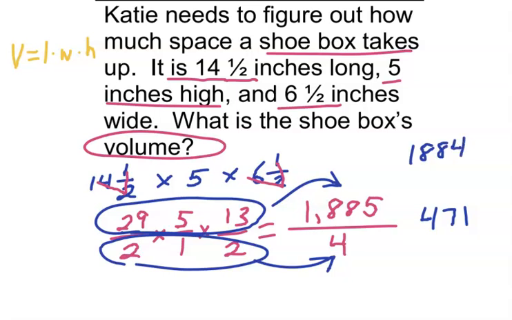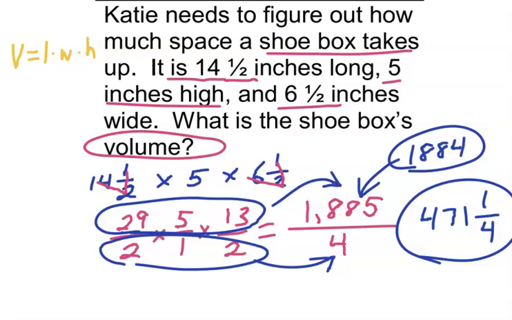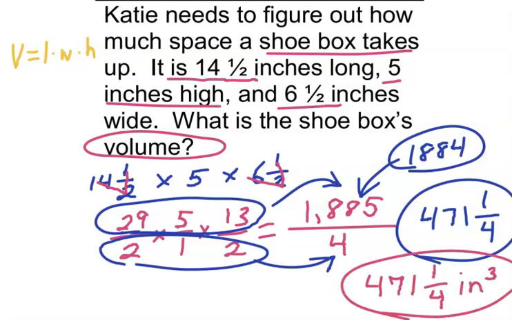So if we used up 1,884 of the 1,885, how much would be left over in the numerator? Well, just 1 out of 4. So that's the volume of that shoebox, 471 1/4 inches cubed, right? It's going to have to be in inches cubed. 471 1/4 inches cubed, which is right there.